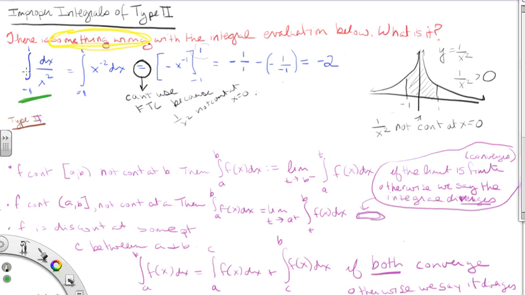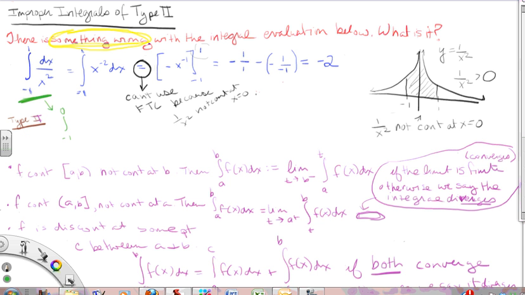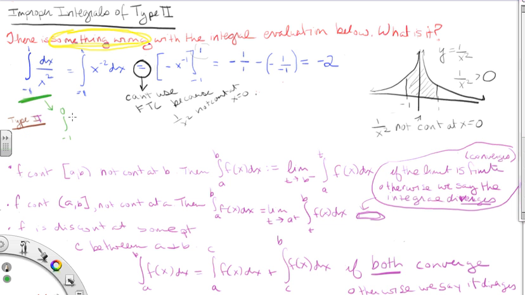Well, what we have to do is break it up into the integral from -1 to 0 of dx over x squared plus the integral from 0 to 1 of dx over x squared. Because 0 is the place where you have the discontinuity, and if both of these integrals converge, then this integral converges to the sum of those two.